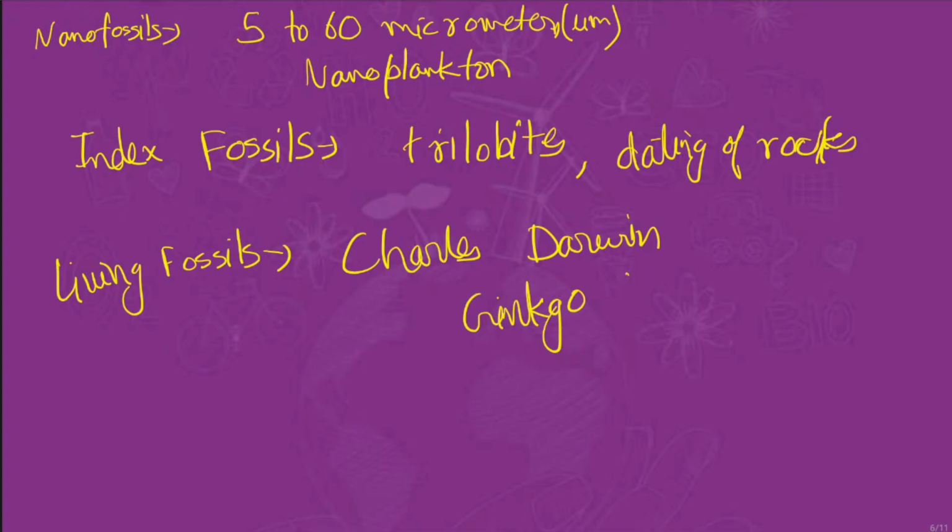Ginkgo biloba is the first example. Living fossils include those species that have lived for long spans of geological time and are still living today, with their bodies showing little or no morphological changes during the course of evolution. Living fossils have little diversity, and the actual reason behind their evolutionary stability is yet to be understood.